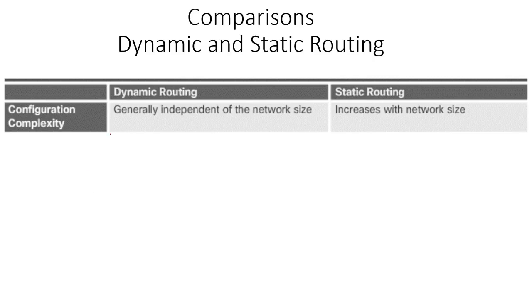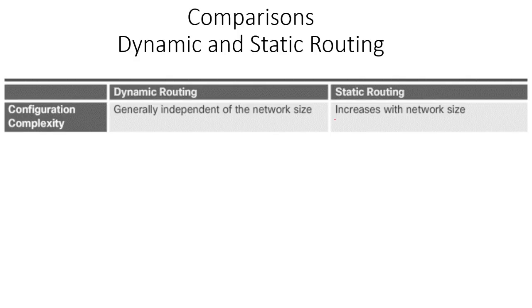The complexity in configuring these both types of routing. In dynamic, this is generally independent of the network size, while in static, the routing table will increase if the network size will increase.